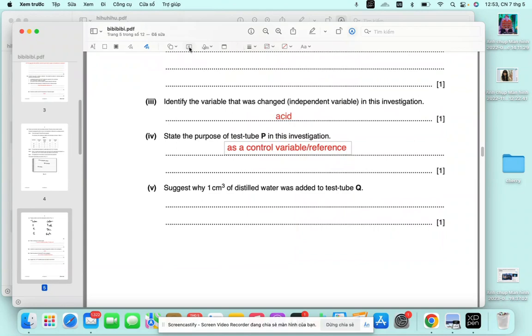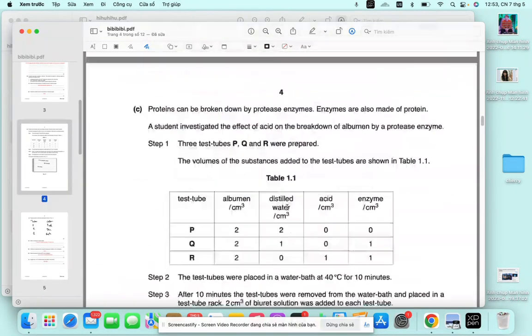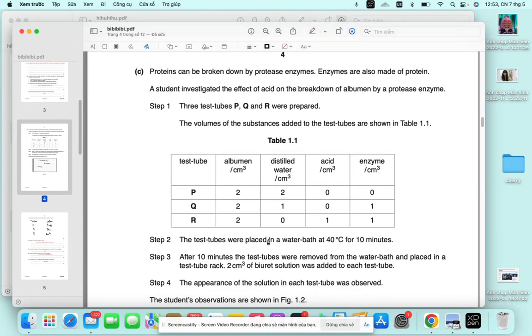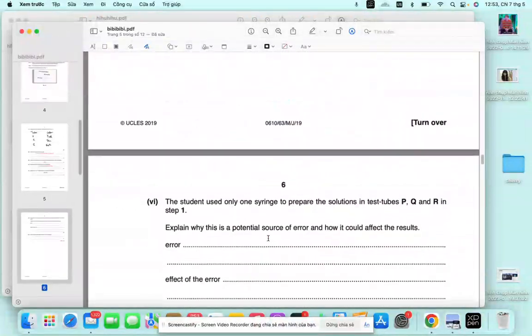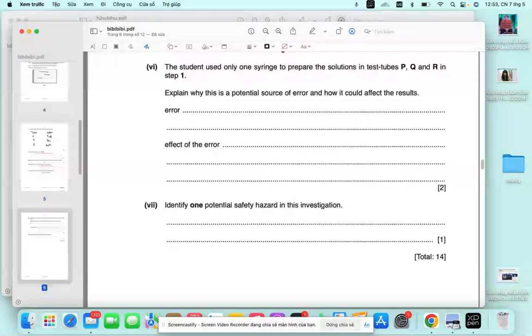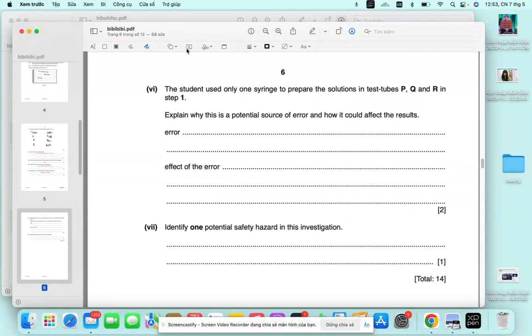Why 1 cm cubed of distilled water is added to test tube Q: so we could balance the volume. Use only one syringe to prepare the solutions in the tests.